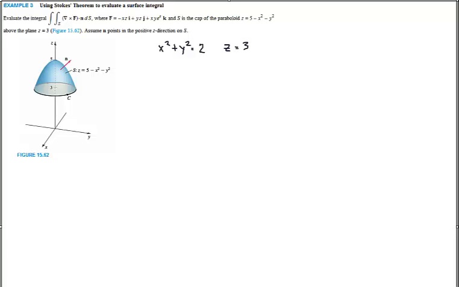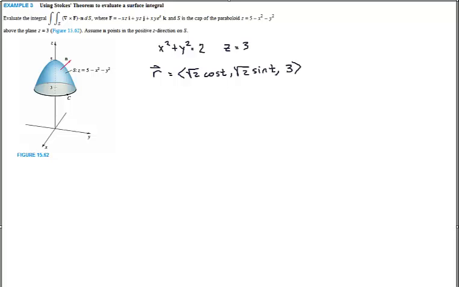That is after we've eliminated z. So my r vector is going to be square root of 2 cosine t, which is the radius of that circle, square root 2 sine t, and then 3 for the z component.